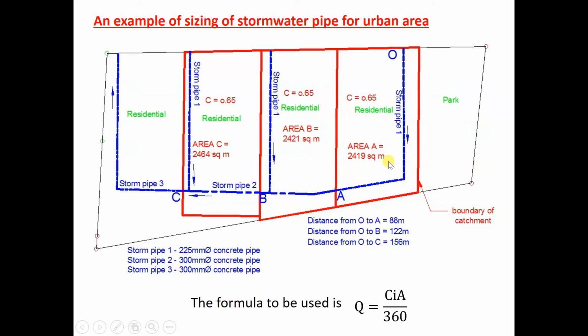This one is stormwater pipe 1, and this one actually is a collector pipe, from A, B, C, and then go off.